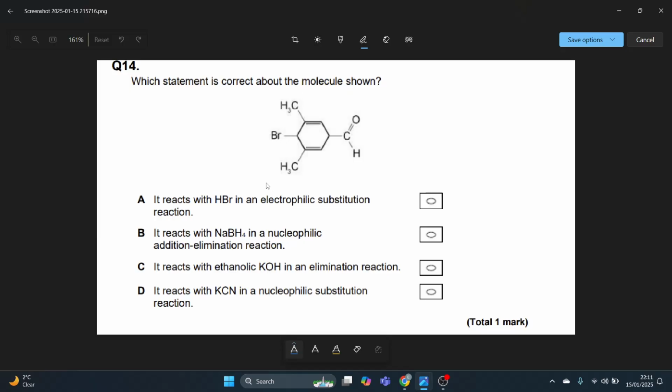It reacts with NaBH4 in a nucleophilic addition-elimination. No, it reacts with NaBH4. Remember the H minus ions in this mechanism, and this is a nucleophilic addition reaction. It reacts with ethanolic potassium hydroxide in an elimination reaction.